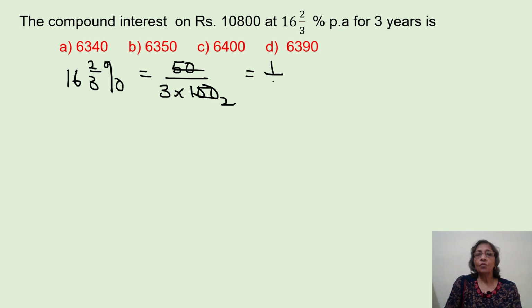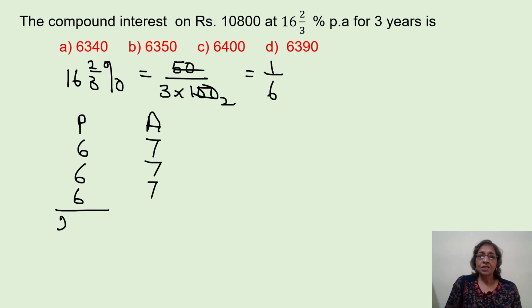So this is 1 upon 6. Like the previous sum, principal and amount 3 times. 216 and this is 343.